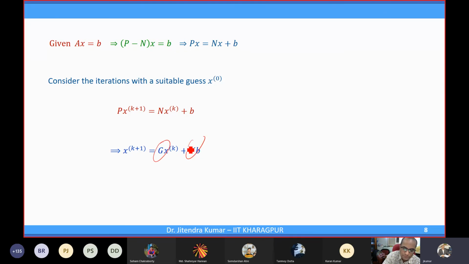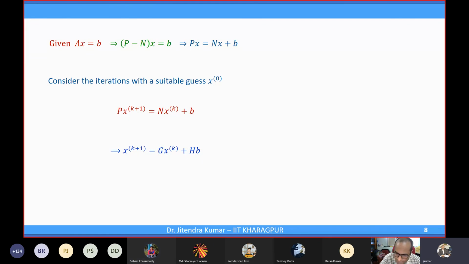This H and G. In your opinion, which is more crucial for an iterative method? I think G. You think G? Yes, sir. All are thinking G. Correct. Yeah, it seems so, because every step it is multiplied with the previous step. Very good explanation.